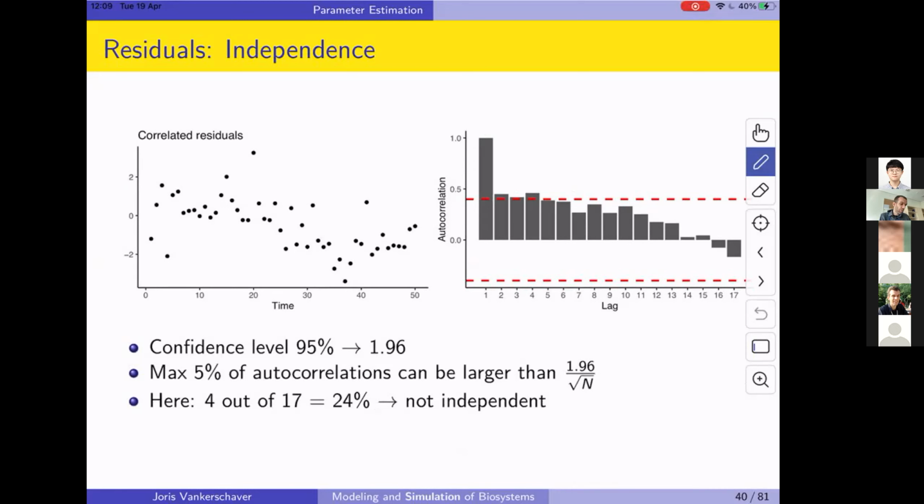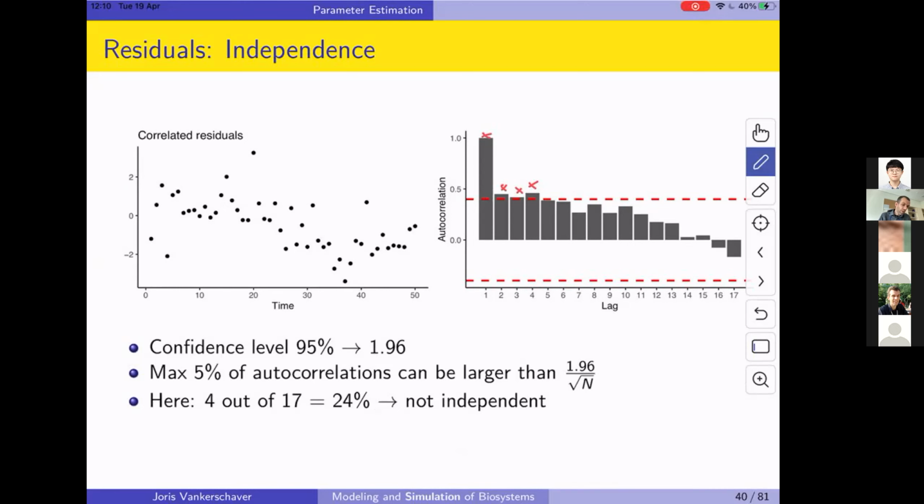Here, as I mentioned, we have 4 out of 17, so that's 24%. That is higher than 5%, obviously. Therefore, we decide the autocorrelations are not randomly distributed, and therefore the residuals are not independent. So this gives us a quick and easy test to see whether our residuals are randomly distributed or not.